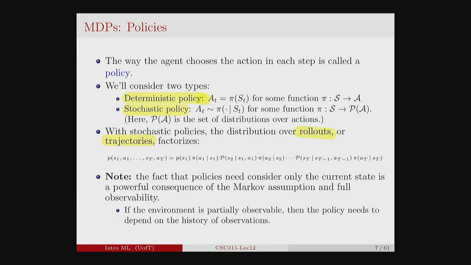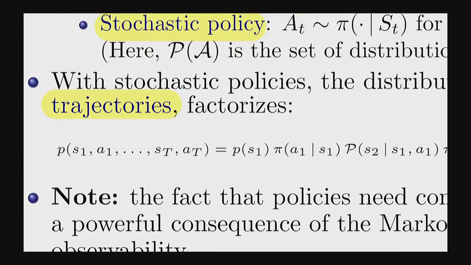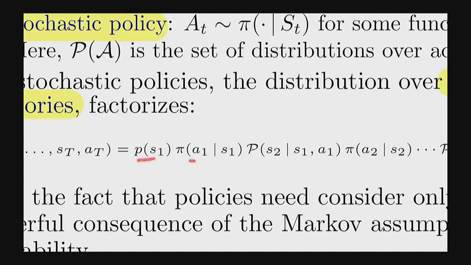Let's say you are playing the game of Super Mario and you tracked what the states and the actions were for T time steps, so T frames of your video game. In that case, when you have a stochastic policy, you can ask, what is the joint distribution of observing the states and actions that you actually saw? That joint distribution factorizes according to this distribution.